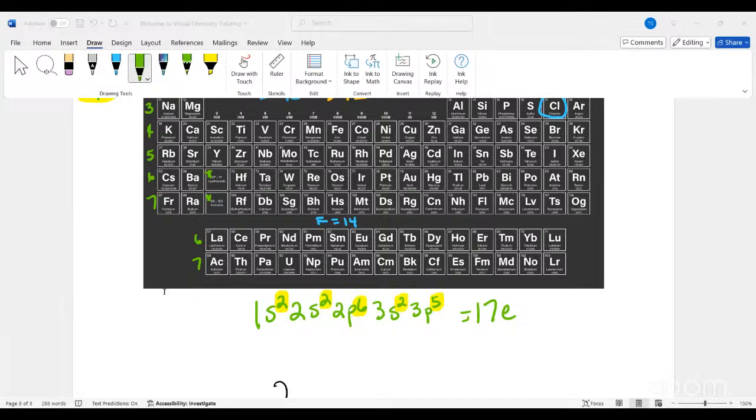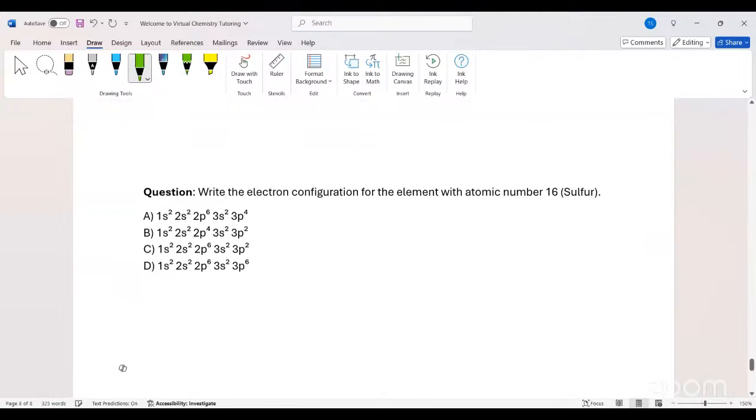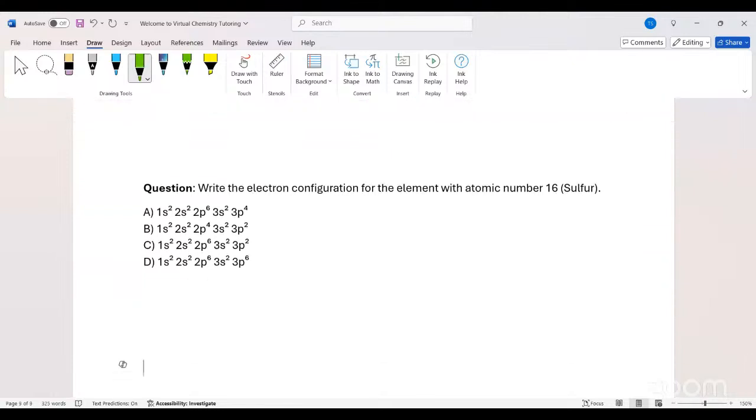Okay. Without y'all seeing the answers, because I'm over here multitasking. Okay, so here's one of your practice problems right here. This is for sulfur.